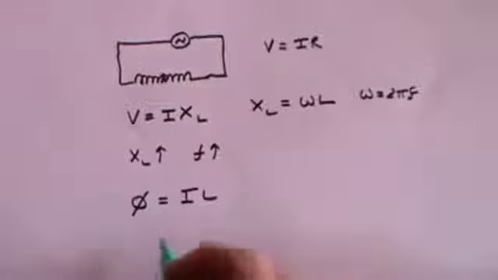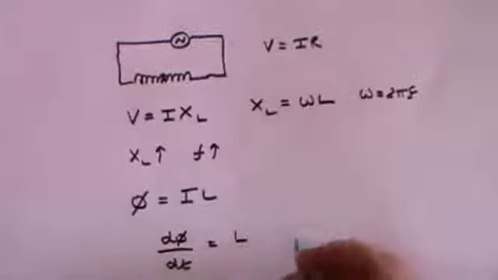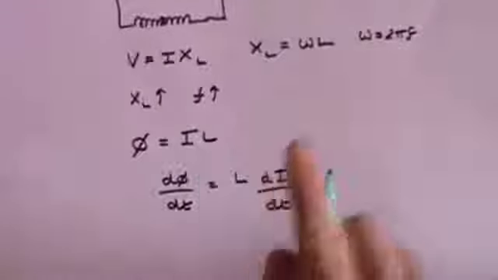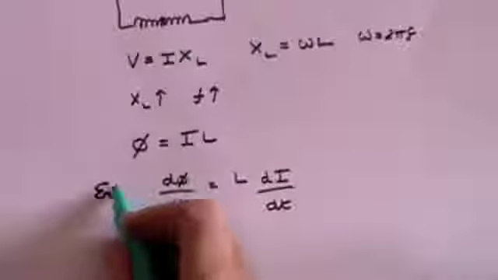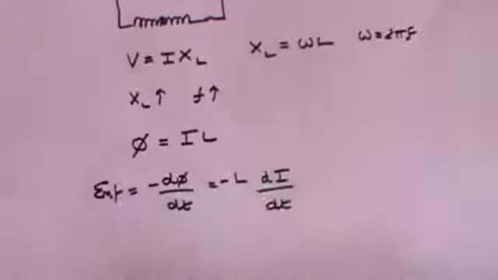And so the rate of change of flux is going to be L, which is a constant, times the rate of change of current. And we know that EMF is equal to minus the rate of change of flux, which of course is going to be minus L di by dt.